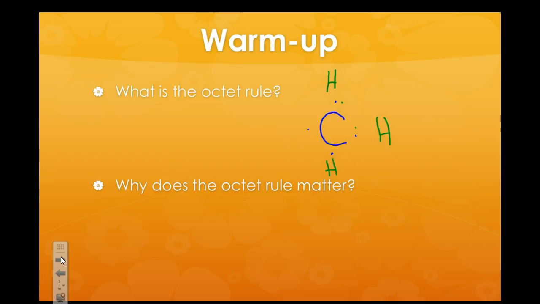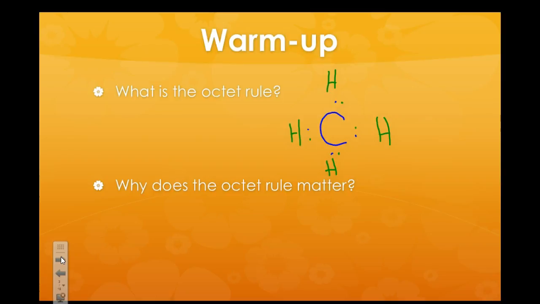So in this structure, I can add 4 hydrogen. By sharing 1 electron with carbon, now we have 2, 4, 6, 8 valence electrons around the carbon.